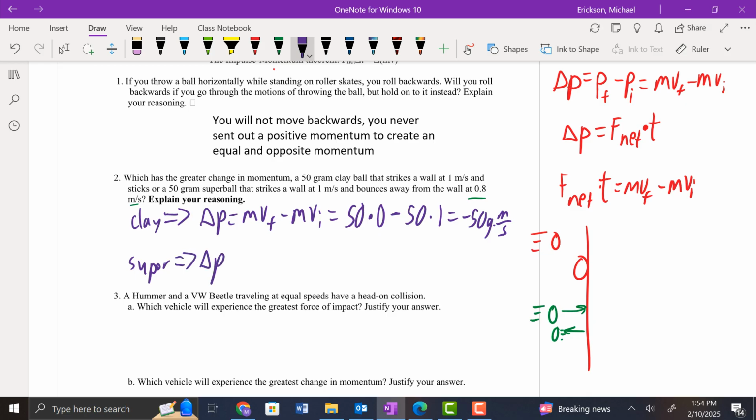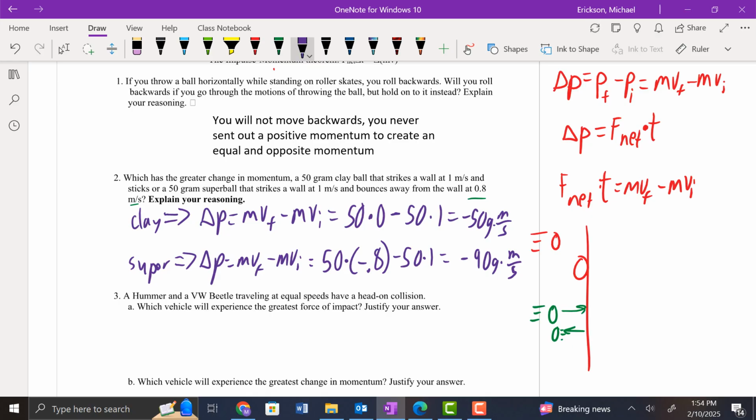All right, let's do it for the super ball. So the super ball ends going negative 0.8 because it's going away from the wall, and it has the same initial. When you plug this all in, you'll get negative 90 gram meters per second. So if we're looking at magnitudes, the super ball has a lot more change in its momentum.